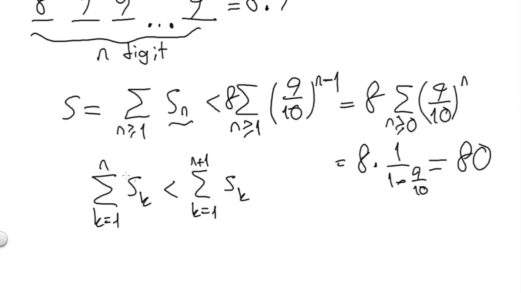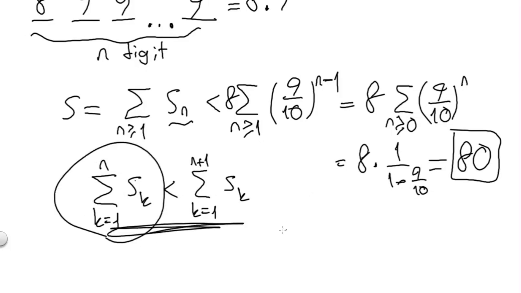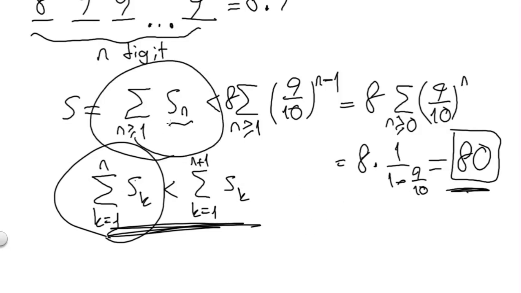And I also found that it's bounded above. Any sequence that is increasing and bounded above is convergent. So this sum of Sn is convergent, and we said that this is going to be S. Of course, to find the sum, we can't solve it this way.